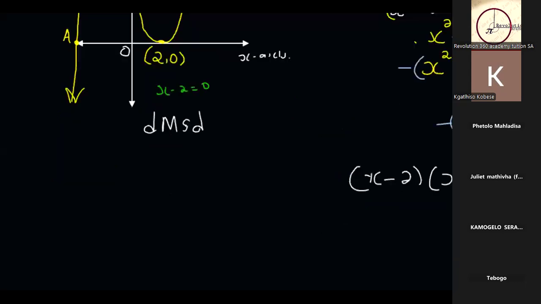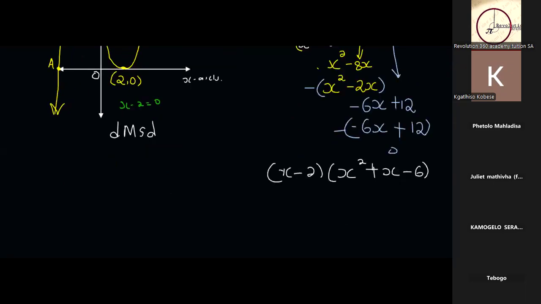I'm going to say equals to 0 here. Then now you factorize. Remember, this is going to be x minus 2 equals to 0. Or then now you factorize. So when you factorize, you open two brackets. You look at the factors of the last term, which is 6. So here, remember, it will be x.